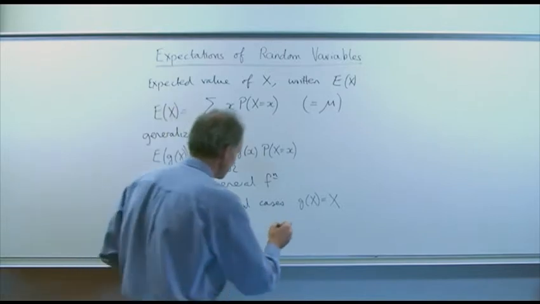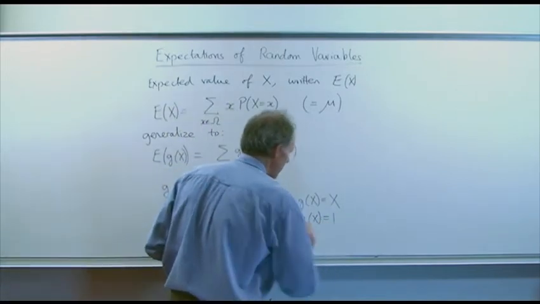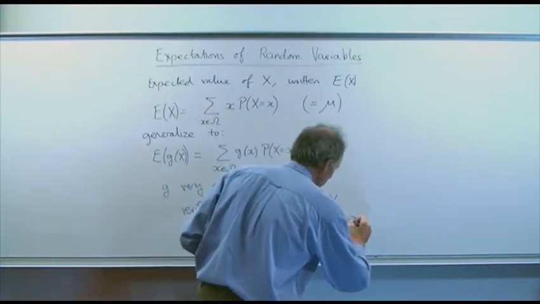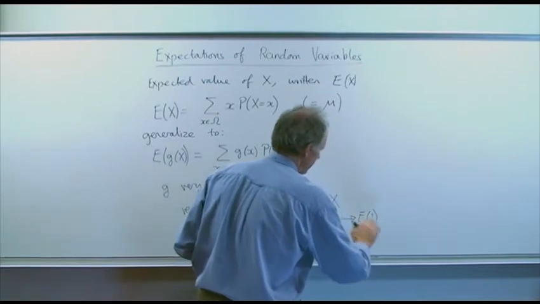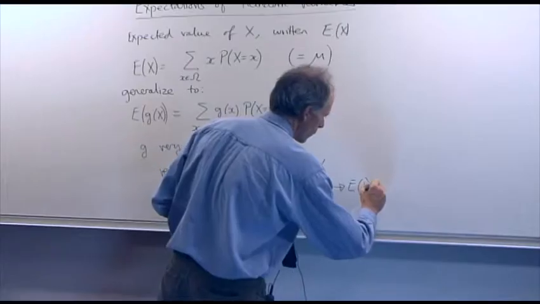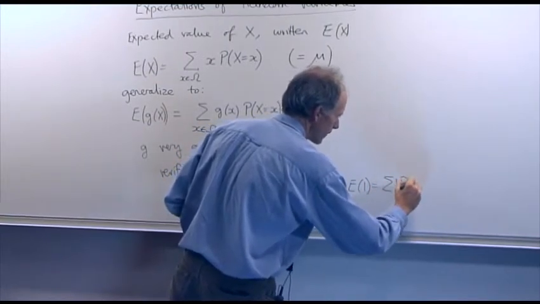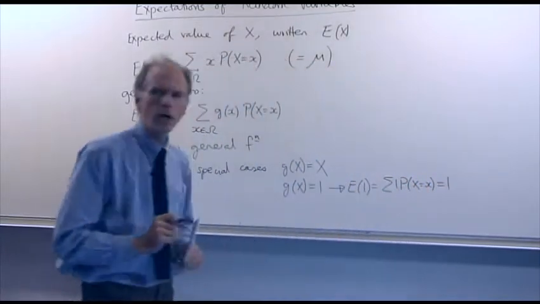Another thing we might do is to put g of x equals 1. And this will lead to a quite predictable statement that the expected value of 1 equals the sum of 1 times the probabilities, which we know is equal to 1.